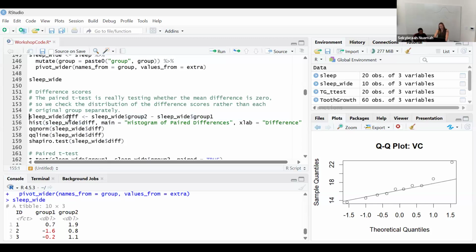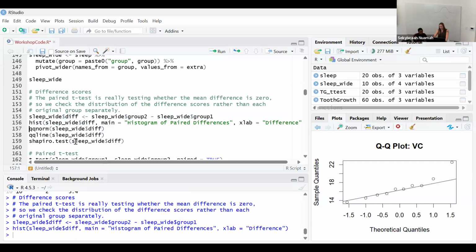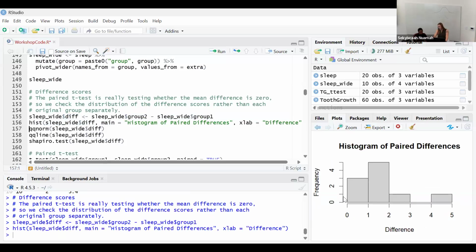All this code does is make it into its own column so that we could do plotting and analysis with it. I'm going to run this first line, and then we get the histogram of that. Again, we would like it to be normal. It's a small sample size, only 10. So you could say maybe it's normal, but let's look at the other methods of checking that.